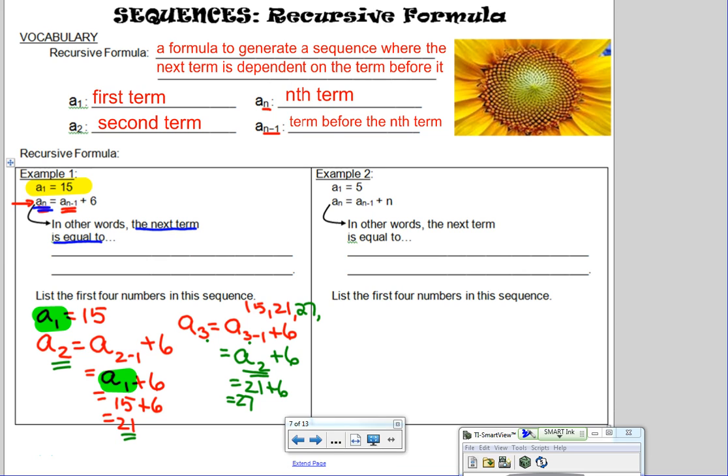The term number you want is equal to n minus 1 from our definition means the term before it. Plus 6 more.